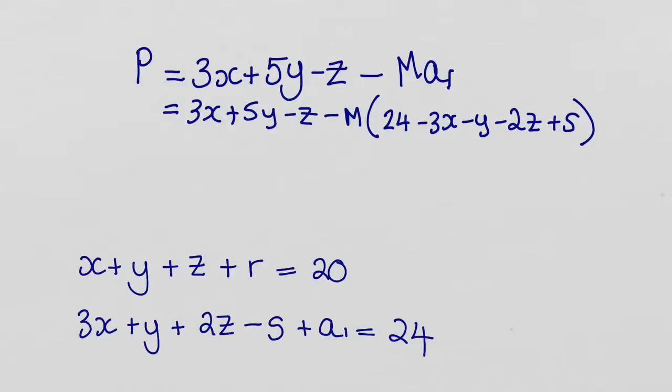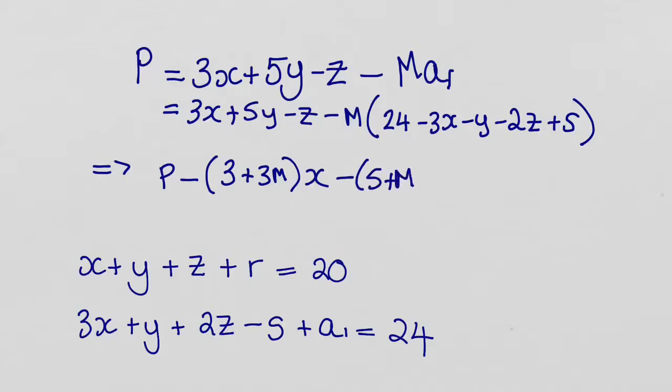So let's try and group these together. I'm going to do p take away, then I'm going to do my x's. I've got 3 lots of x, and then from over here I've also got a positive 3mx. So I've got plus 3m, so that's my amount of x's. Then I'm going to do the same thing with my y's.